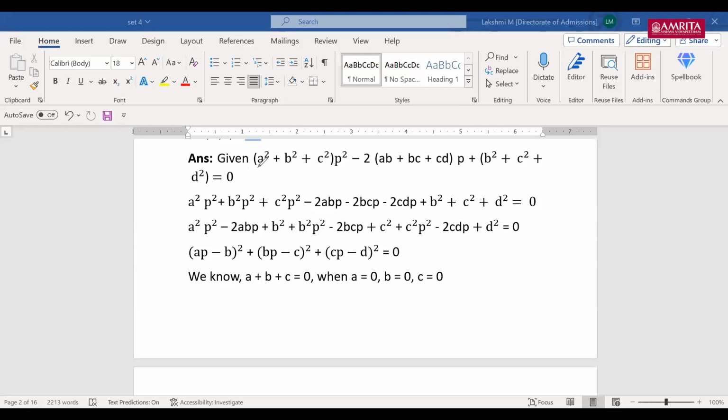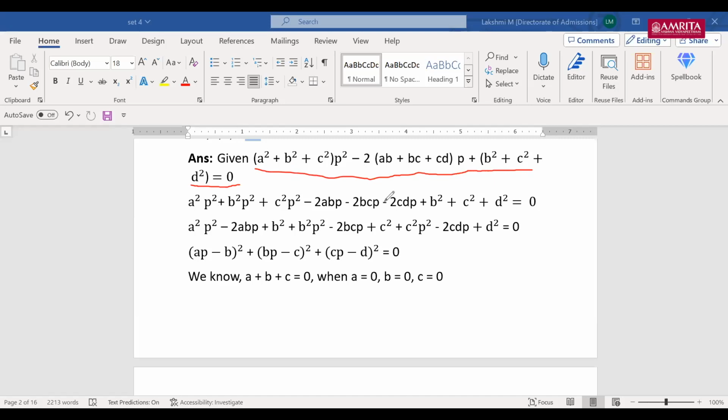This is what is given in the question: (A square plus B square plus C square) into P square minus 2 into (AB plus BC plus CD) multiplied by P plus (B square plus C square plus D square) equal to 0. Once you look at it, you will feel it is of a formula type, like A square minus 2AB plus B square.